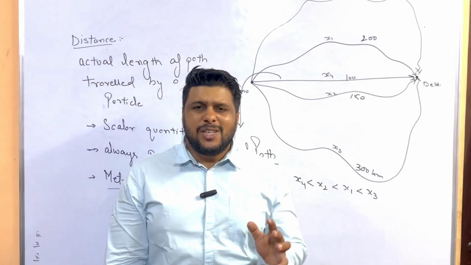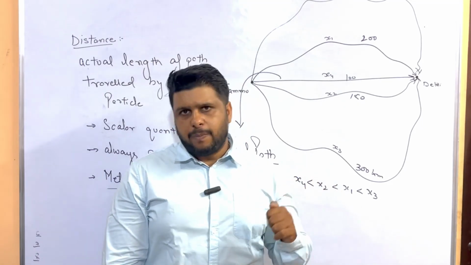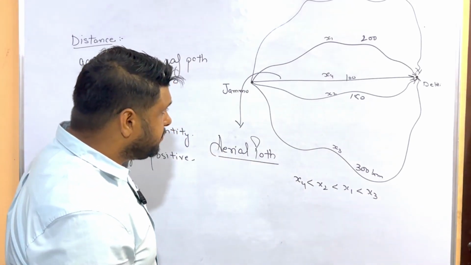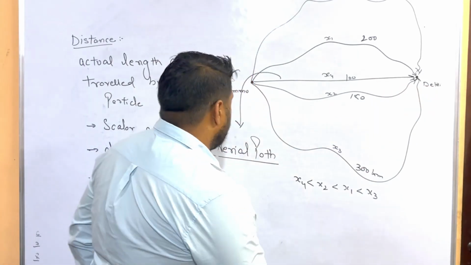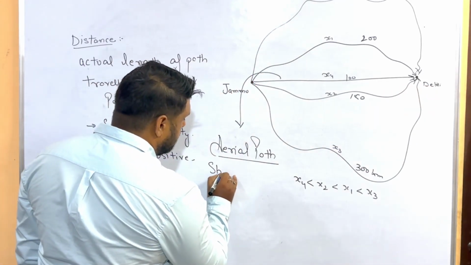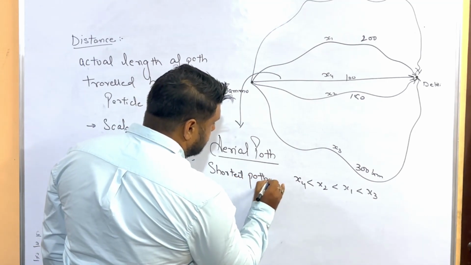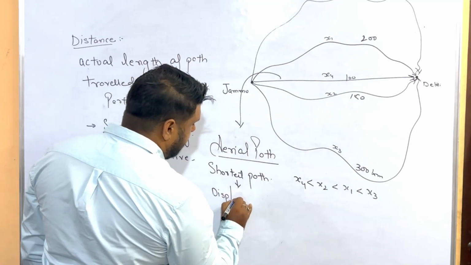Usually whenever flights fly, they take this path. Now the aerial path, if you see, is the shortest distance between them. So the shortest path is known as displacement.